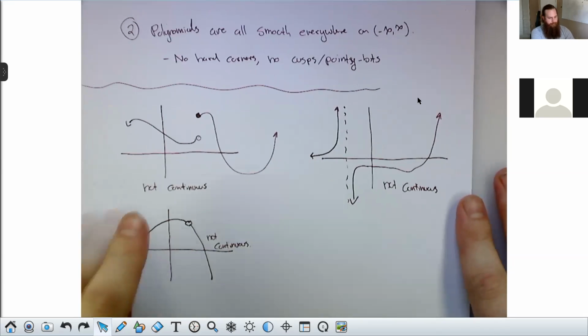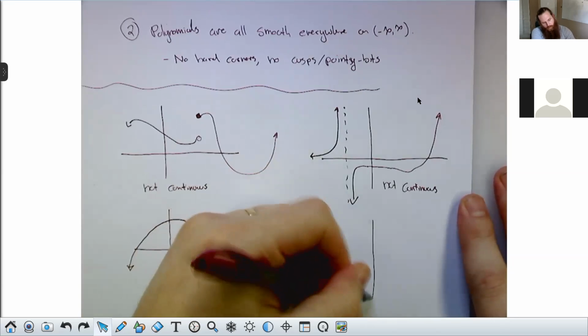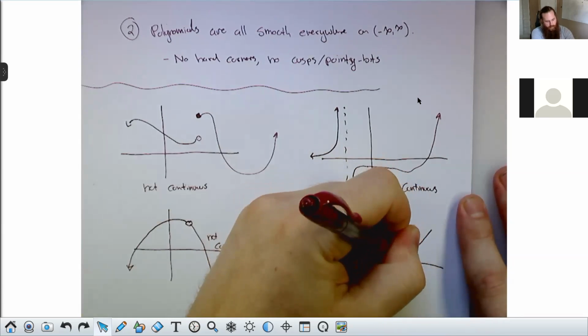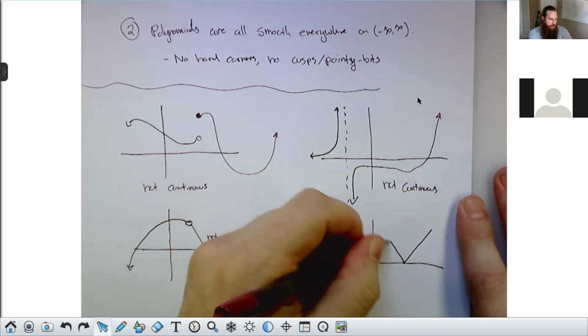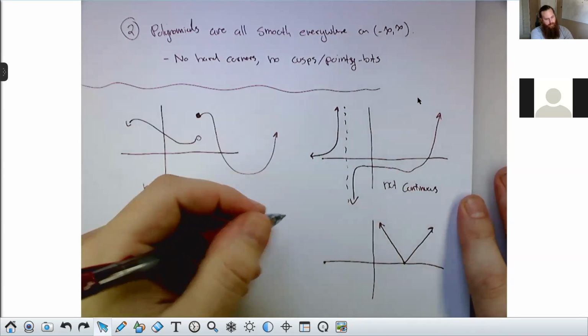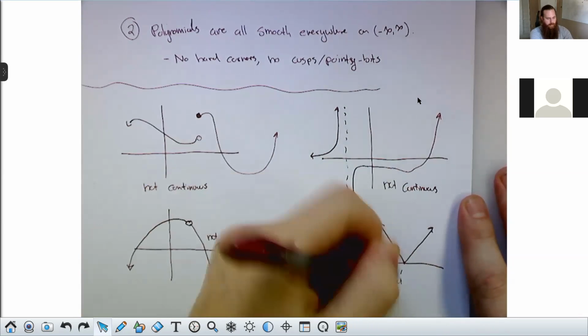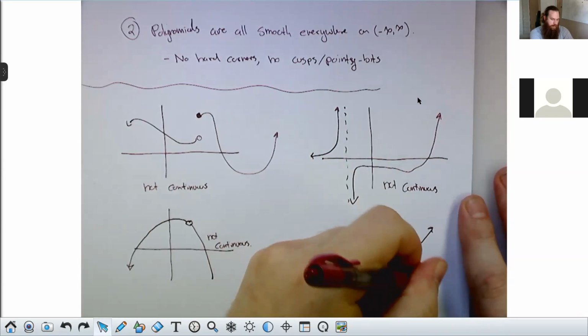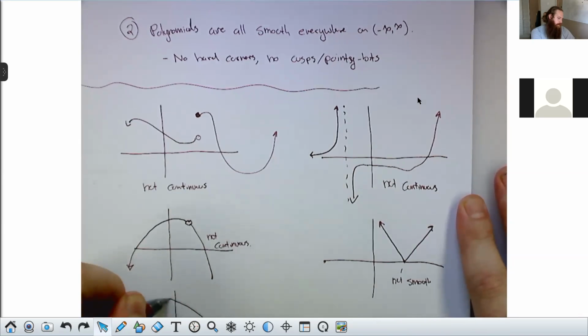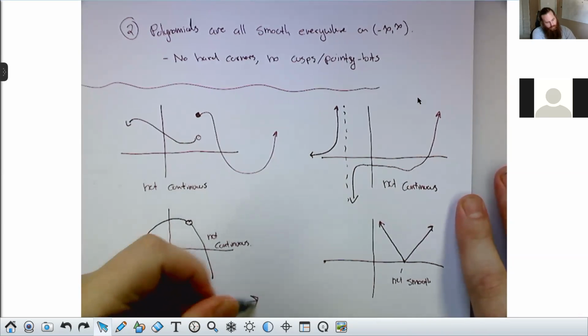A cusp, or a failure of the smoothness condition, would be something like this. Or kind of similar, but a little bit different, something like this.